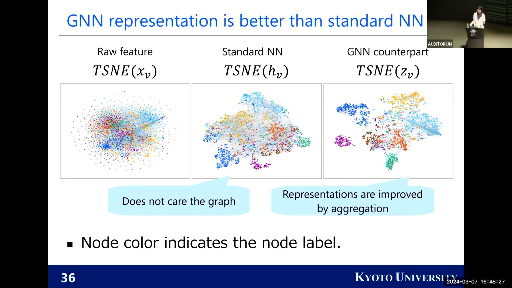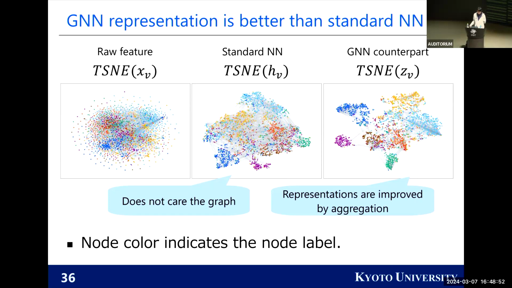This is the embedding of the standard neural network or linear neural network. And this is clearer than the previous example, but the clusters are not concentrated, and it doesn't care about the graph at all. So there are messy links between clusters. And the right panel shows the GCN counterpart, which is the t-SNE of Z_V.